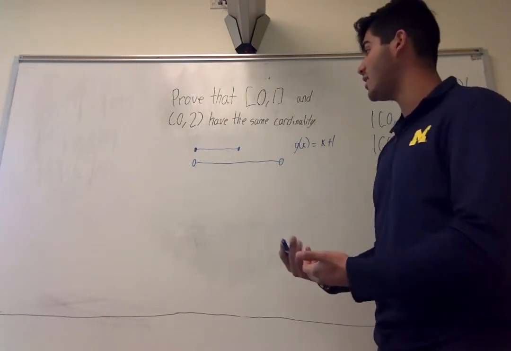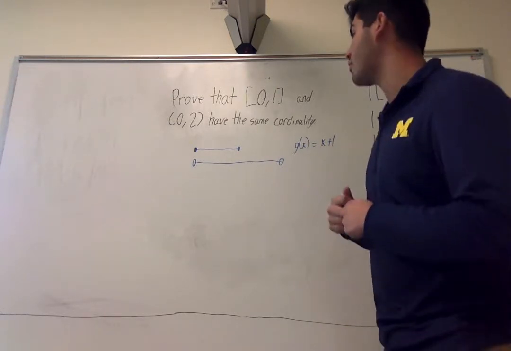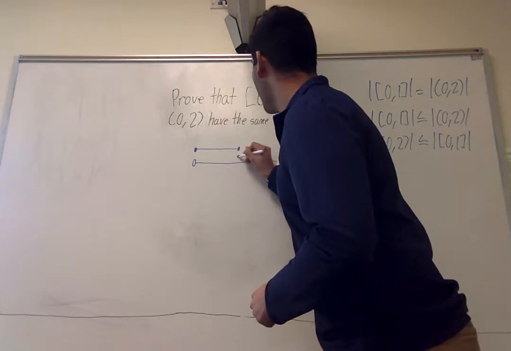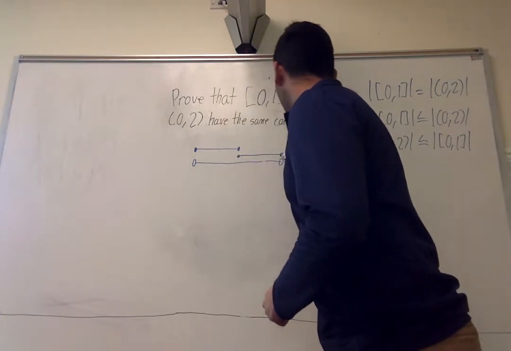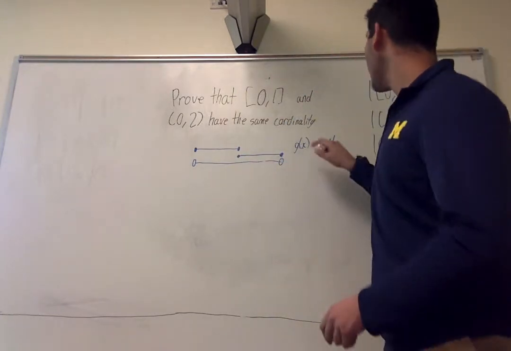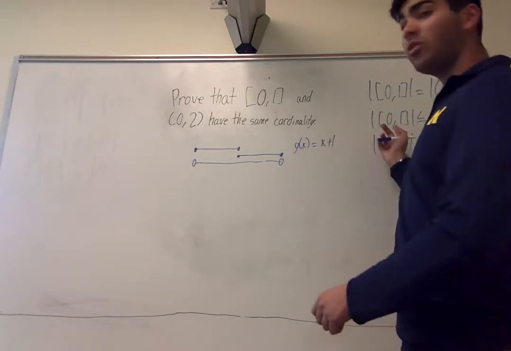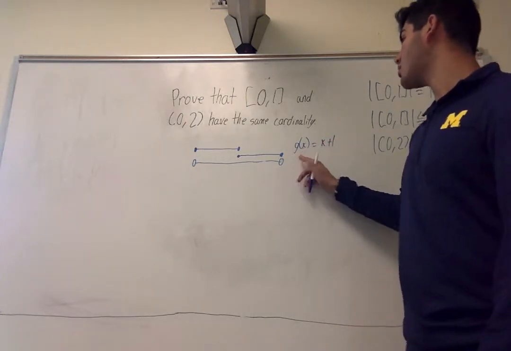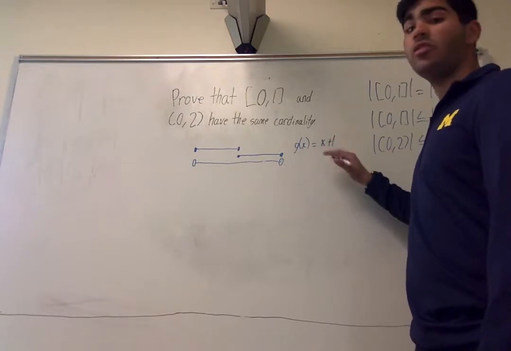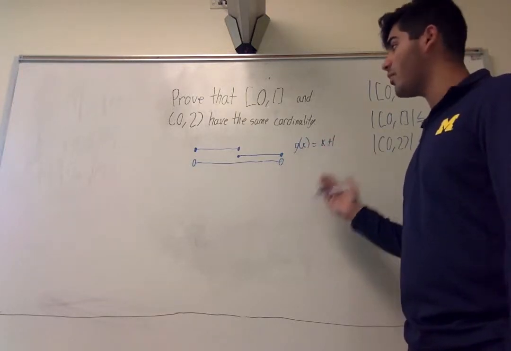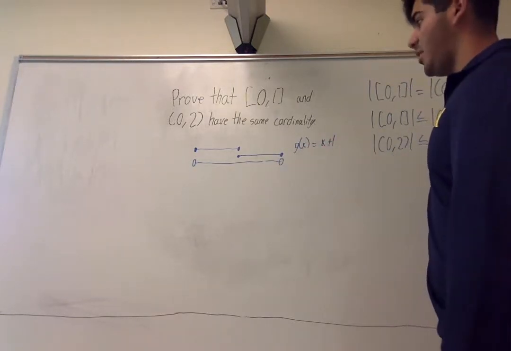We can use some test cases to ensure that this is accurate. This would map 1 to 2. If we plug in 0, our lower test bound, into g of x, we get g of 0 equals 0 plus 1 equals 1. And that is in set B.